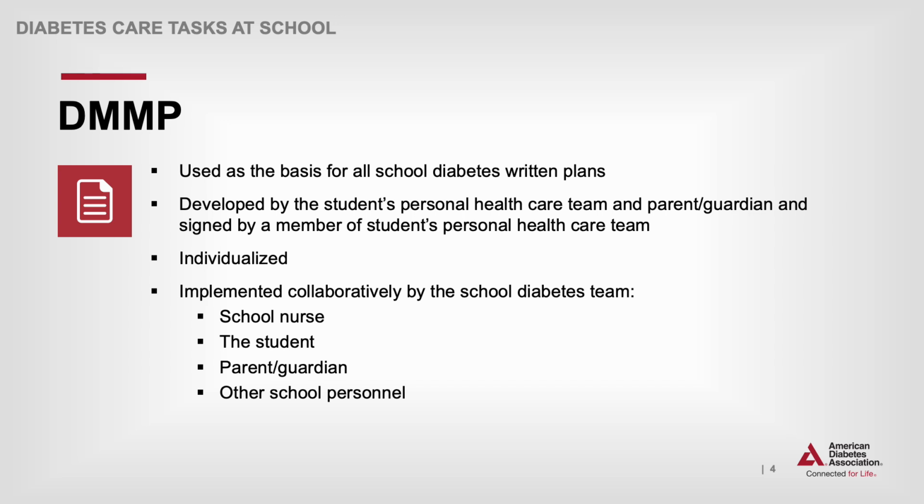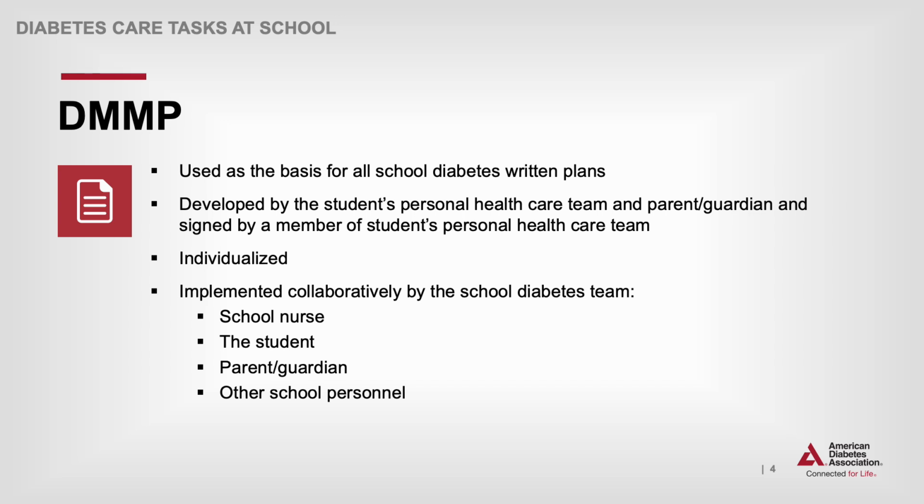Details regarding how, when, where, and by whom the elements of the DMMP will be implemented should be documented in writing. Many school districts have their own health forms where the school nurse documents information on diabetes care.